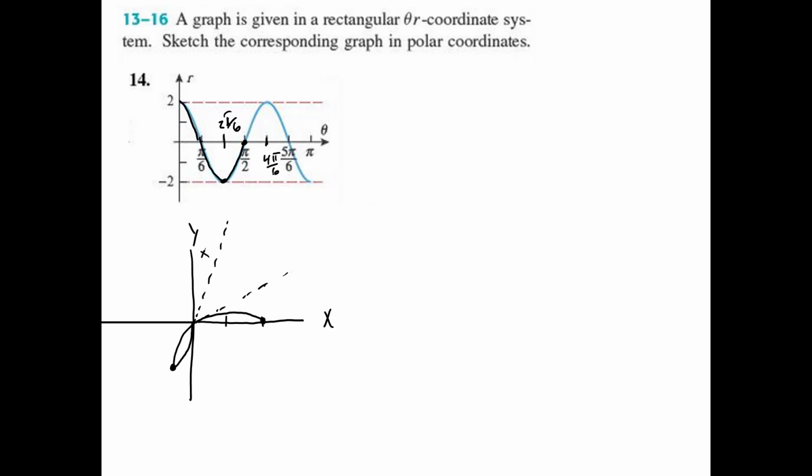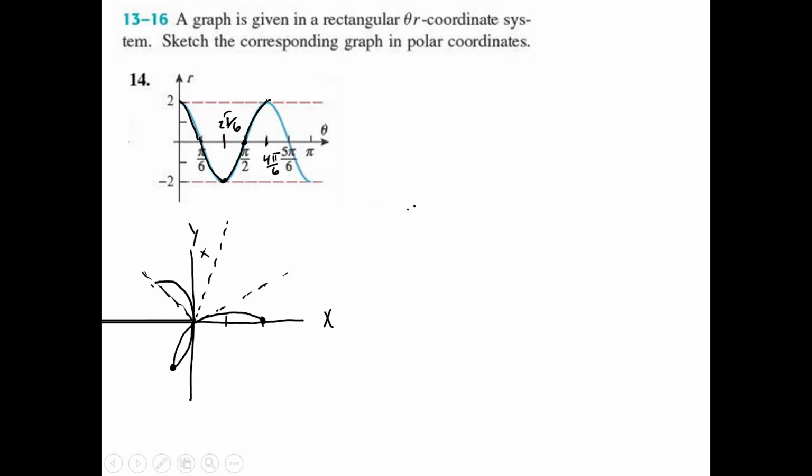So 2 pi over 3 is 120 degrees, I believe. And so from 90 degrees to 120 degrees, your R values are positive. And so then they're in the right quadrant, starting at 0, going to 2 again. That takes care of this part.